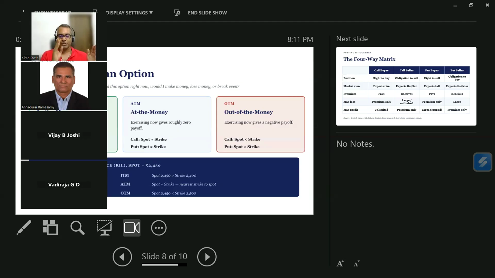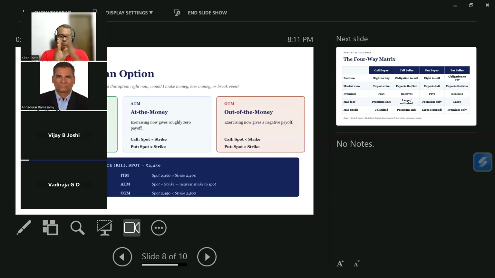Don't get confused, because these are the questions that come through. This is my spot price. Going back to the Reliance, 1307 is my spot price. What is my strike price? My strike price is 13,000.